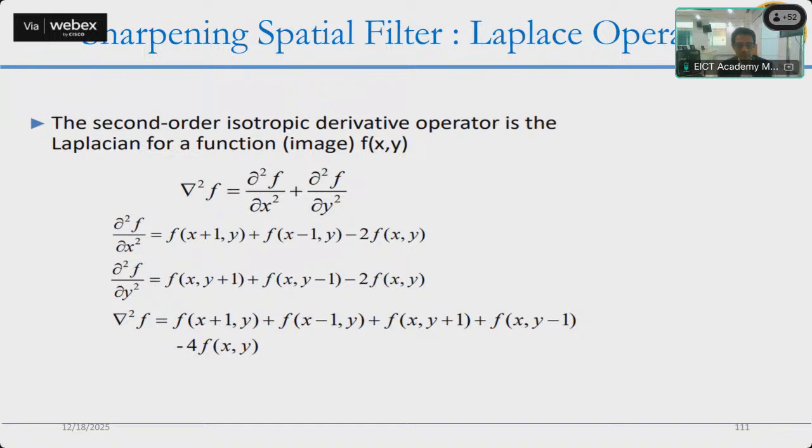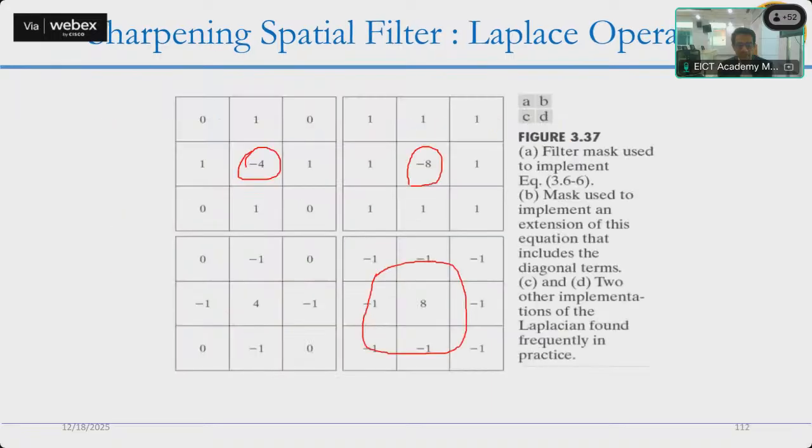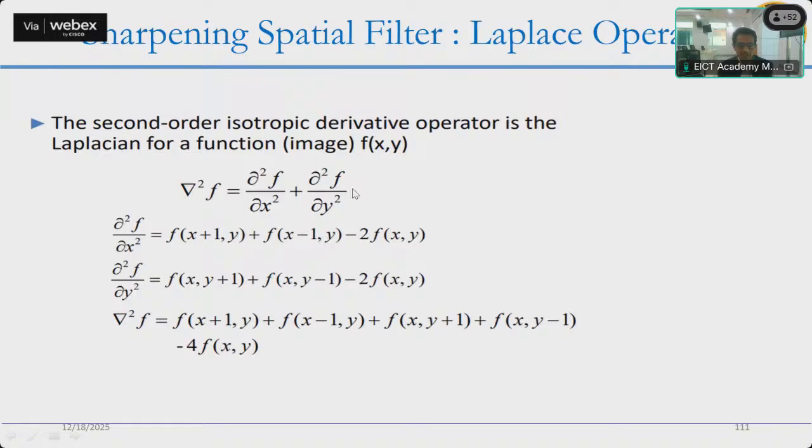Actually, see what we have done. We have taken this slide from the book by Gonzalez, that's why this equation is there: the second order isotropic derivative operator. This is Gonzalez, the basic book, right?